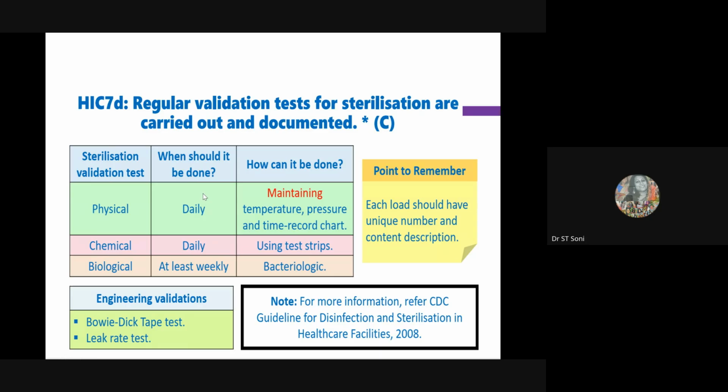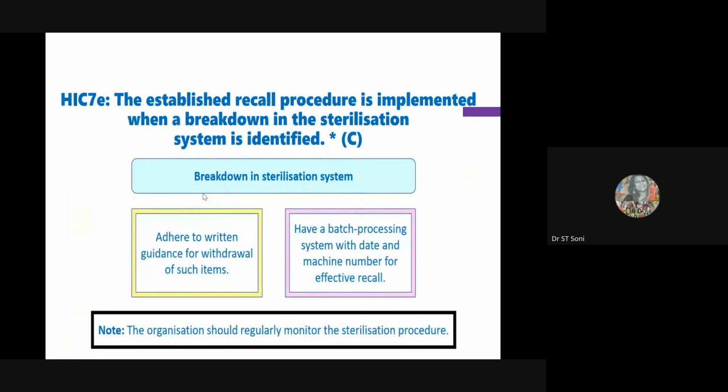Okay, and Bowie-Dick tape and leak test, these are the engineering validation. And with each load we should have the unique number, the expiry date, content description. So these are very very important. So if something happens, if your validation fails, you need to recall the entire load and do not distribute it.